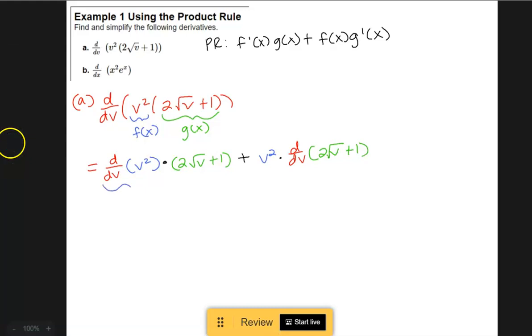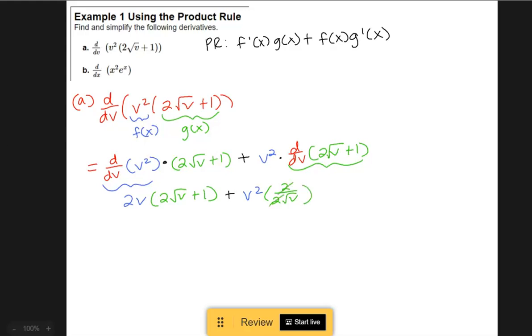So I calculate this derivative here, that's 2v times 2 square root of v plus 1. All right, calculating this derivative. So that's 2 over 2 square root of v, and then the derivative of 1 is 0.